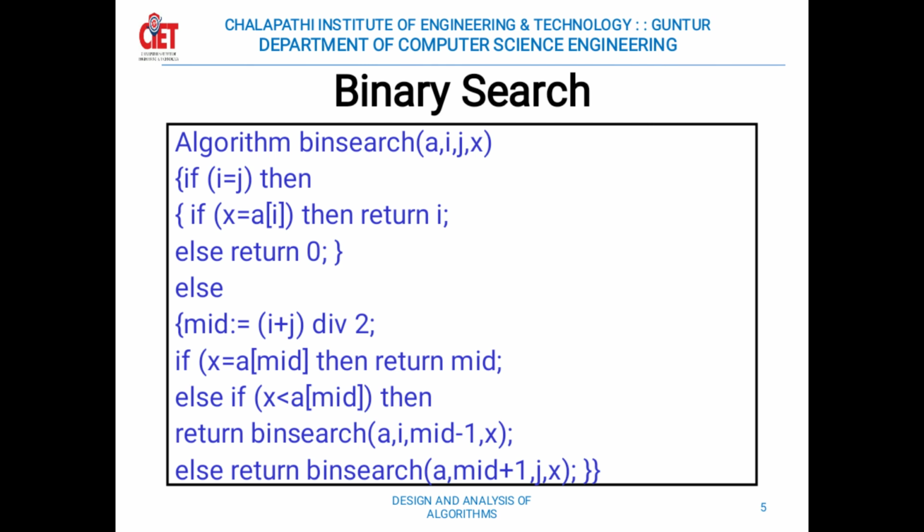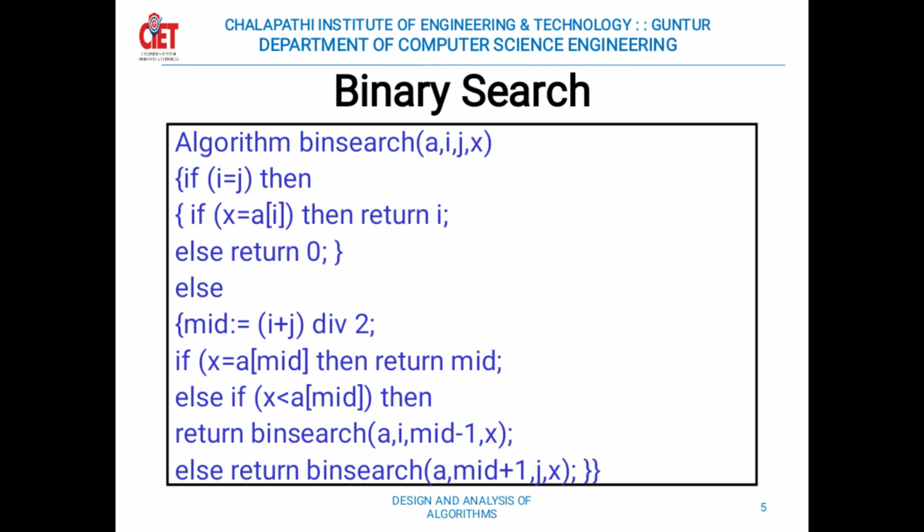If it is equal to x, then return the index value I. That means the element x is found in the array at index I. If x is not equal to a of I, that means there is only one element and it is not equal to the key element x. It means the key element x is not available in the array. So return 0. 0 means the element is not in the array.